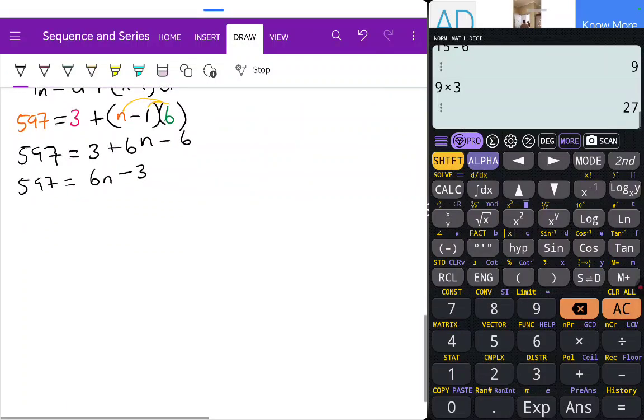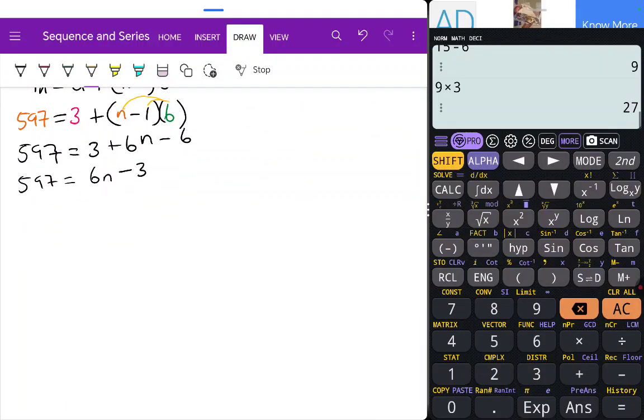Now we want n alone. What we did here was add like terms. Now we're going to take this to the other side, so plus 3 on both sides. 597 plus 3 gives you 600, which is equal to 6n. Get rid of this 6. Multiplication, opposite is division. Divide by 6 on both sides. n is equal to 100.